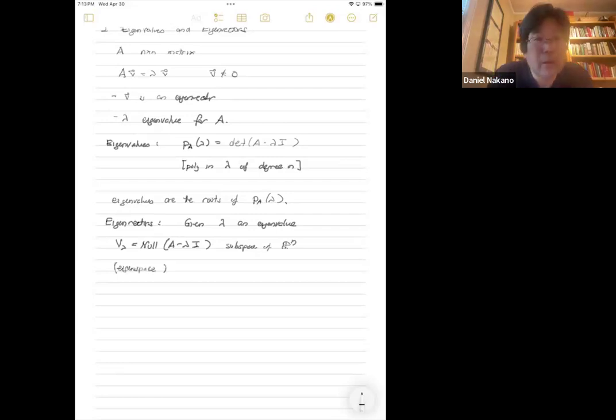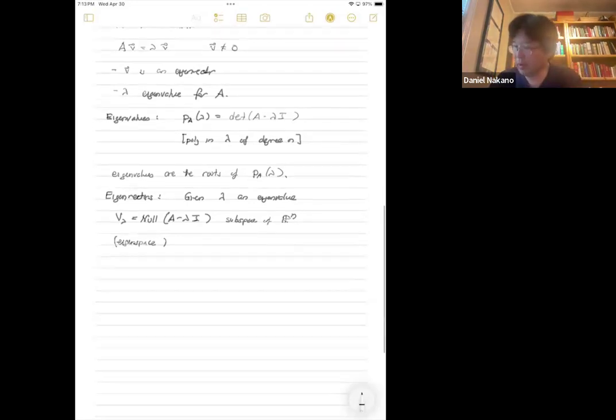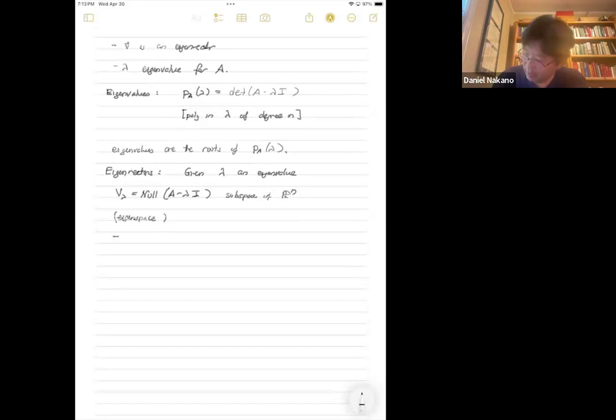The non-zero vectors in V lambda are the eigenvectors of A corresponding to lambda.